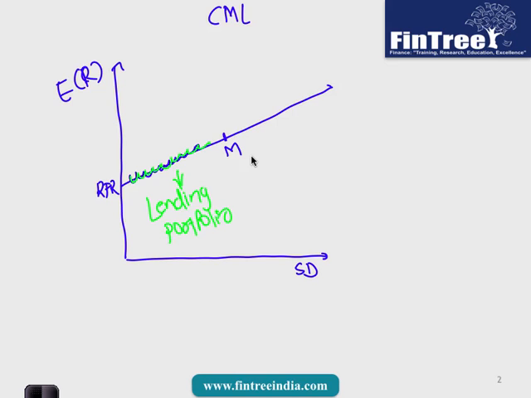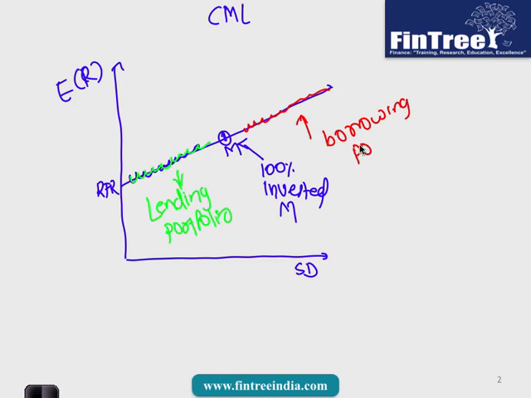This particular point here is where we have 100% invested in the market portfolio, and this point here, these are more risky portfolios with more returns. These are called borrowing portfolios. Are we fine with this? So write this down again.